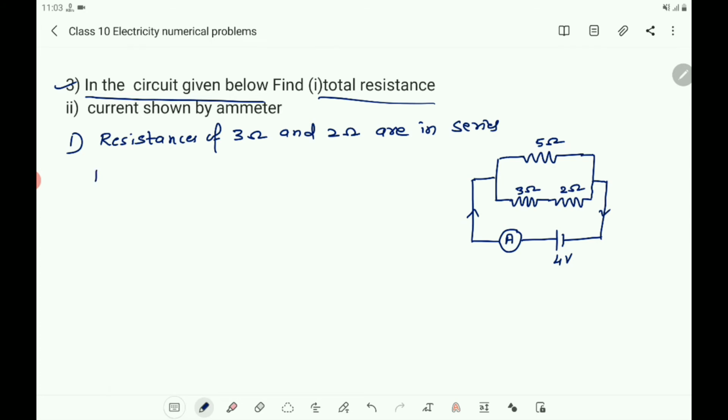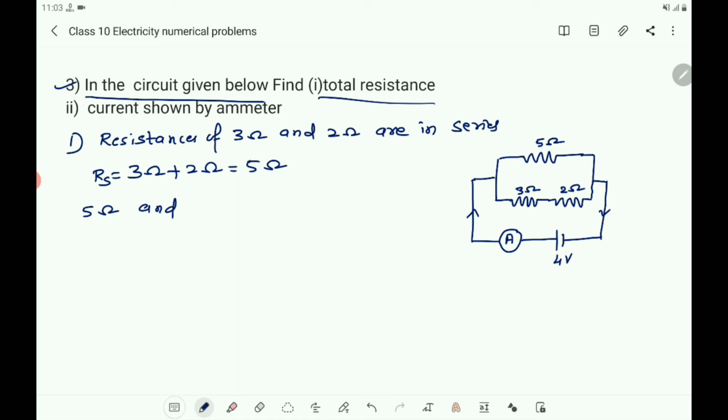So you take Rs equals the sum of these two, that is 3 ohm plus 2 ohm, or you can also write R1 plus R2, but here they are 3 ohm plus 2 ohm, you can write it directly. 3 ohm plus 2 ohm is equal to what? 5 ohms.